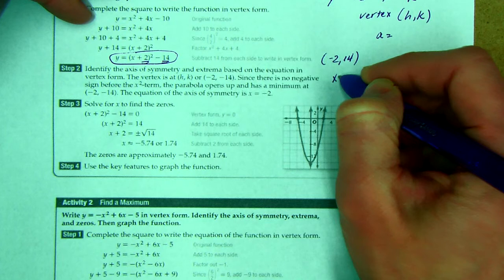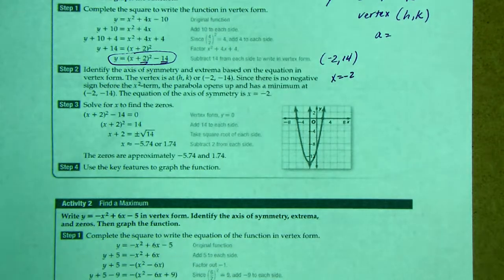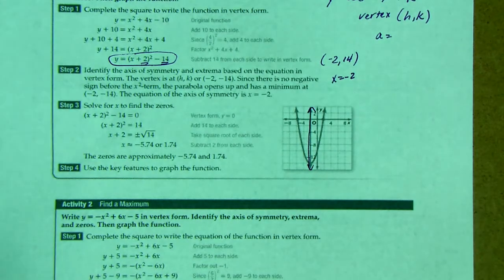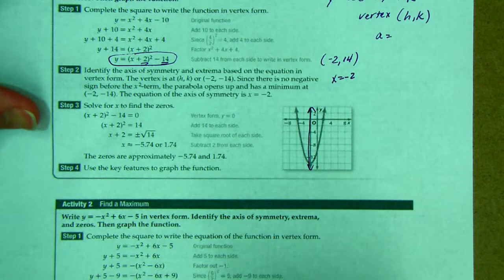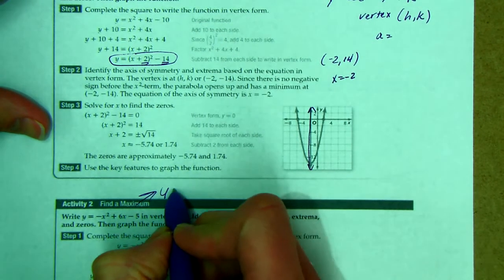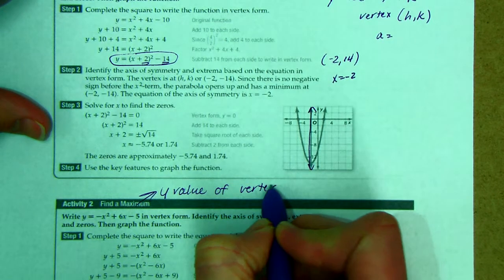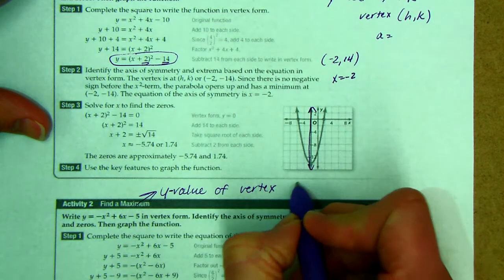So let's go down here. They're saying finding a maximum and a minimum, because that is finding the y value of the vertex, so in other words, k in your vertex.